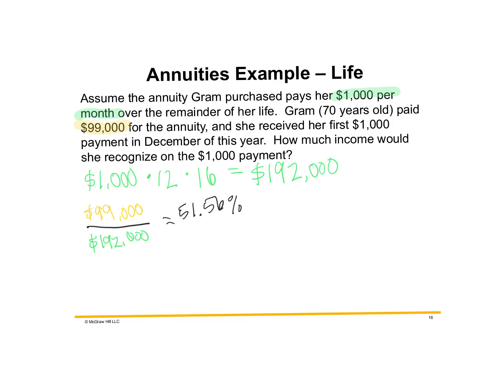And so remember, the question that we're trying to answer is how much income would she recognize on the $1,000 payment? So this 51.56%, again, was our return of capital.